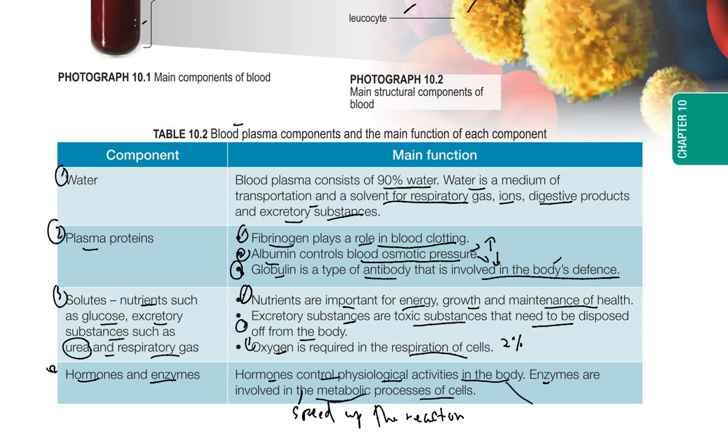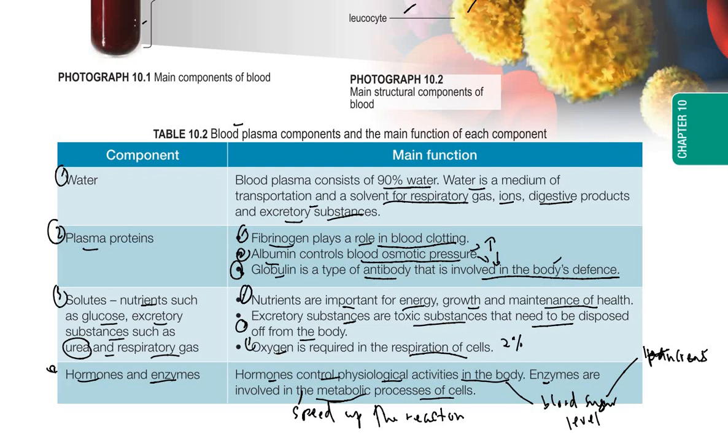For example, blood sugar level. This one needs to be controlled, right? Controlled by hormones. This hormone, insulin, is produced by the pancreas. Okay, produced by pancreas. So you still remember, the pancreas also has another function in the digestive system to produce pancreatic juice.